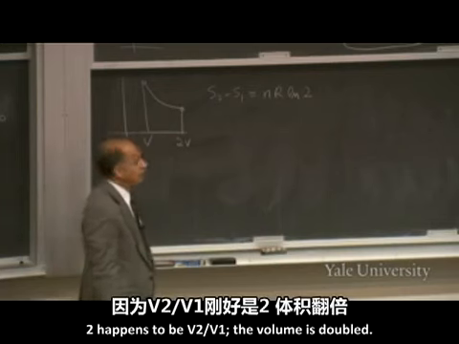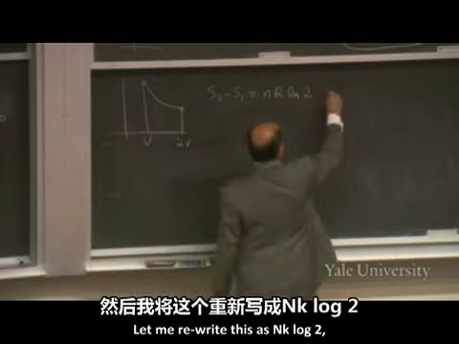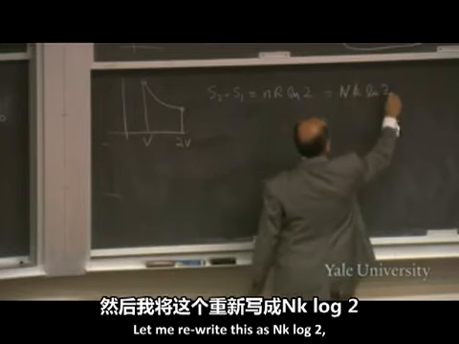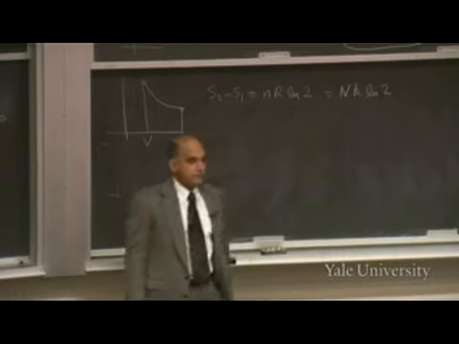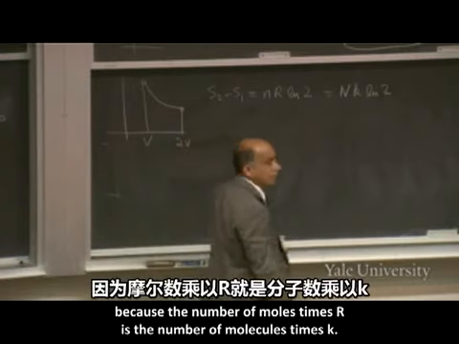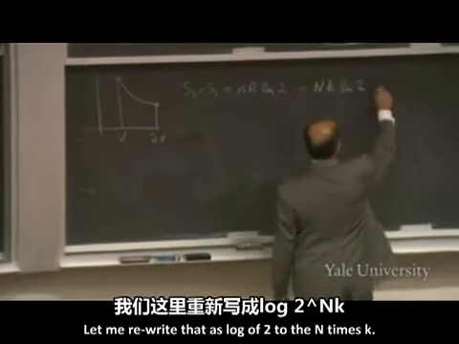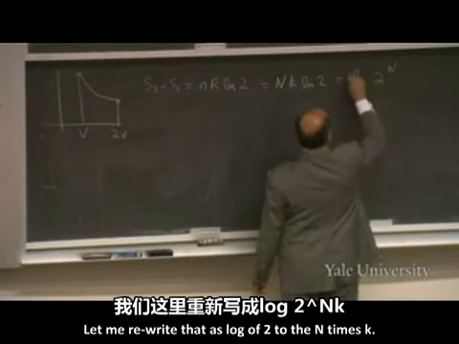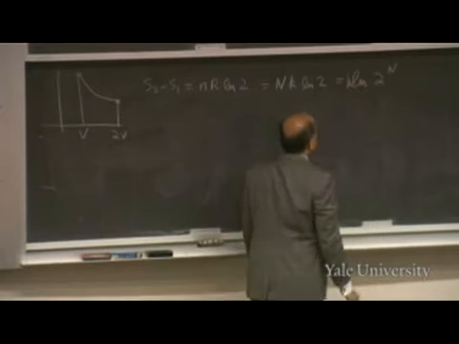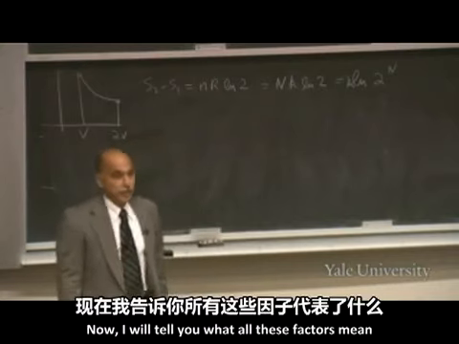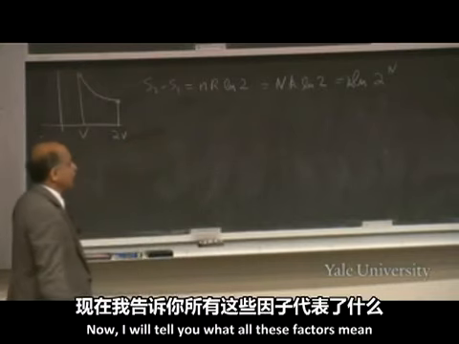The volume is doubled. Let me rewrite this as N k log 2, because the number of moles times R is the number of molecules times k. Let me rewrite that as log of 2 to the N times k. So now I will tell you what all these factors mean.